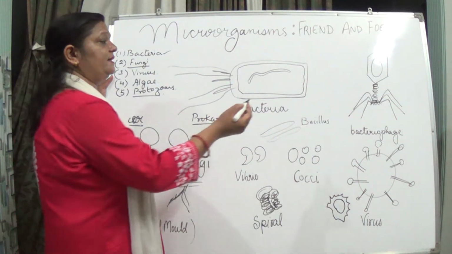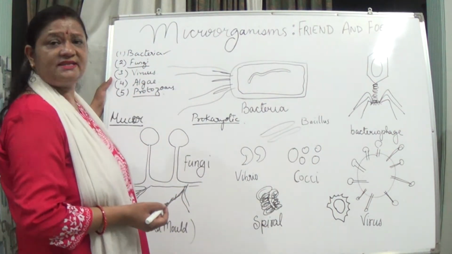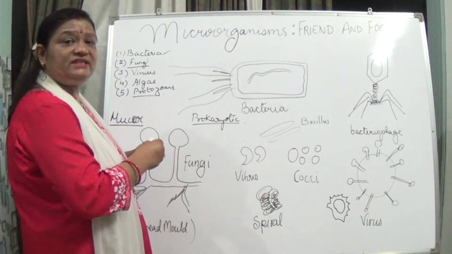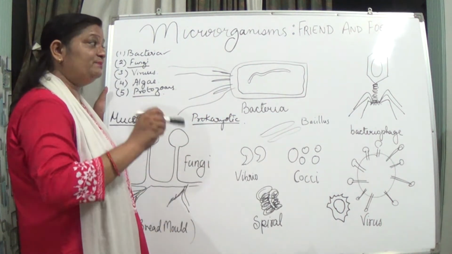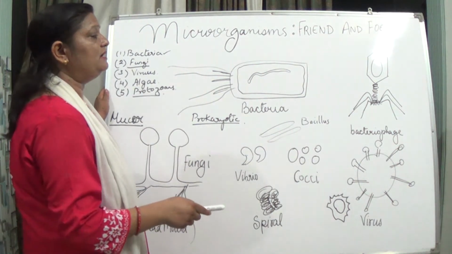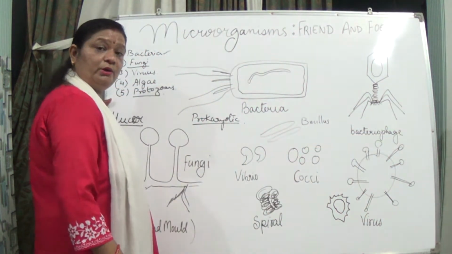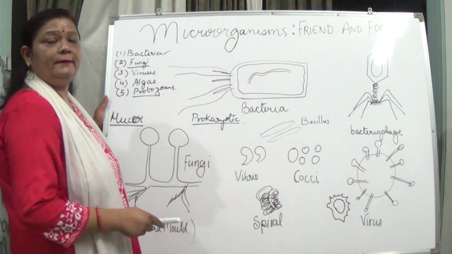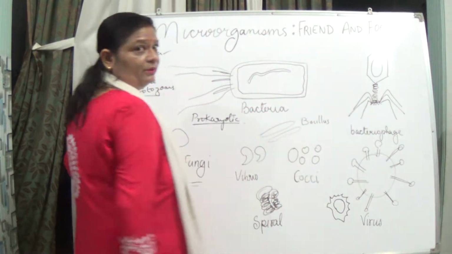So what is this then? Bacteriophage. What is this bacteriophage? This is a virus which has invaded the bacteria, or penetrated the cell of the bacteria, and started its multiplication, and that is known as bacteriophage, because here the material is of virus and the body is of bacteria.